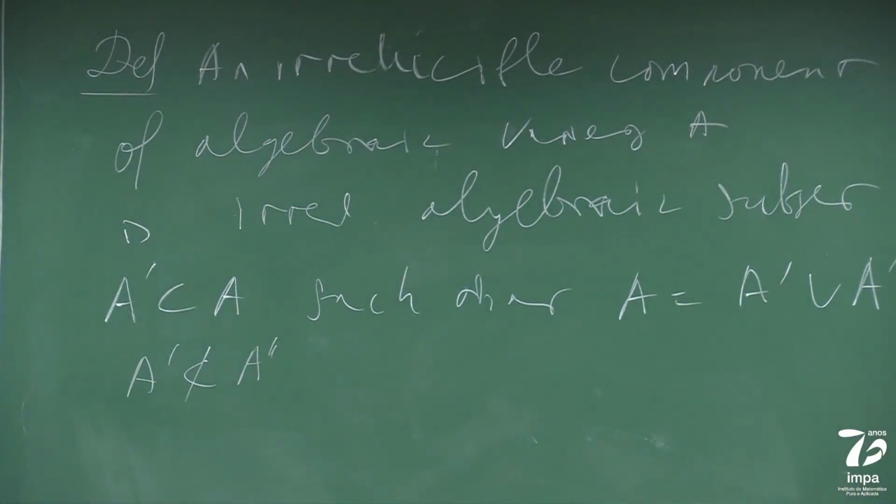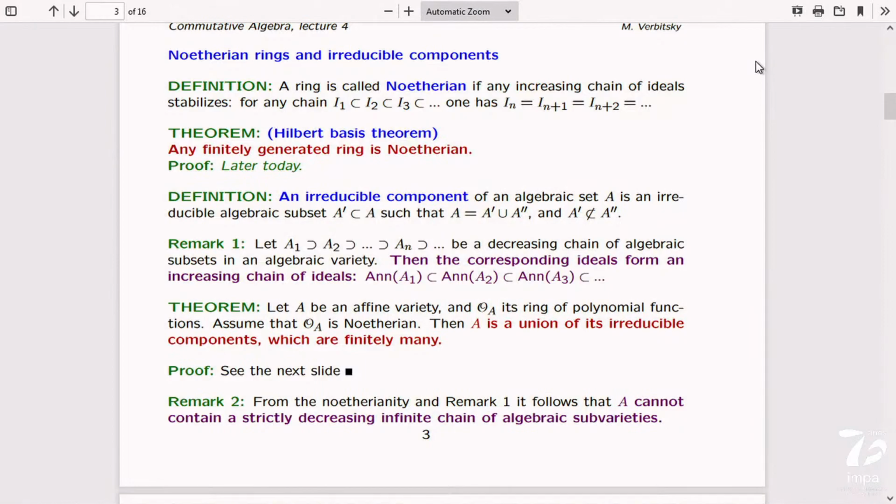So I will immediately apply the Hilbert basis theorem to irreducible decomposition, obtaining the following remark. Suppose I have a descending chain of algebraic subsets: A1 contains A2, not equal, contains A3 and so on.